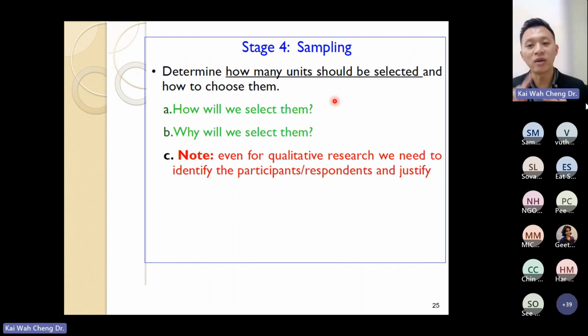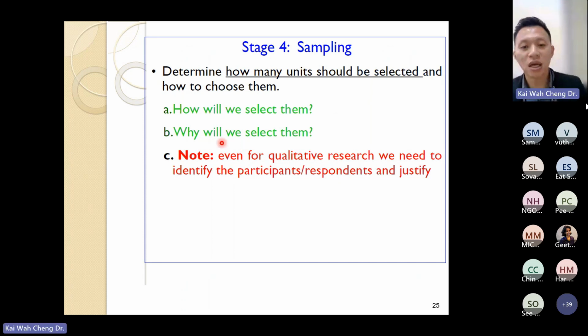So number 1, we need to determine the target population for the research. Number 2, we need to have the information of the total population in a city or in a country. It depends on your research location. Why we need to have such information with us? Because we need the information to help us to calculate the sample size.